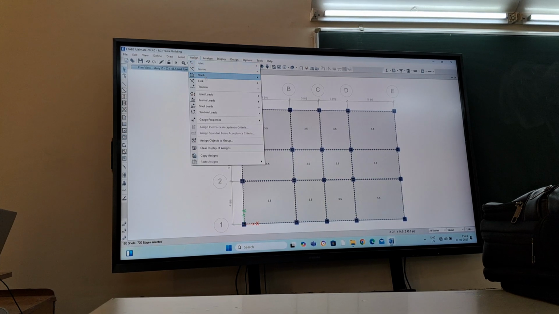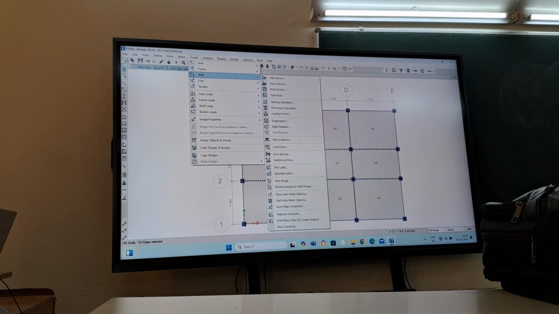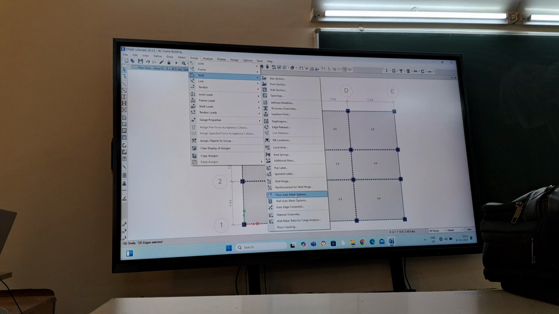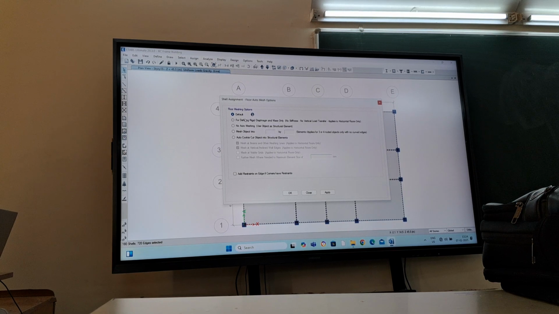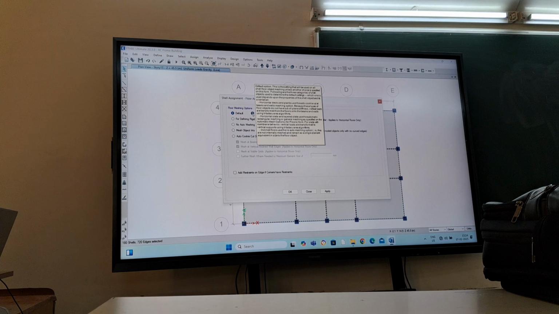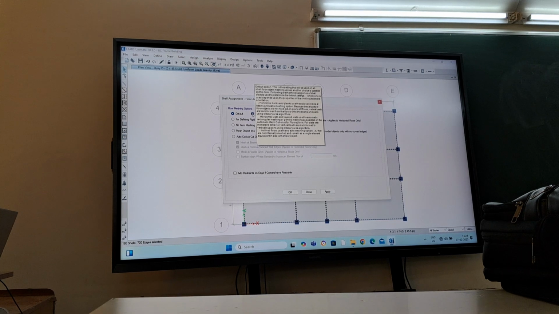go to assign, then shell, and here you have to select floor auto mesh option, and see, if you do not do anything, it is considered as default, and here you see under this default what happens, and you can read this text.